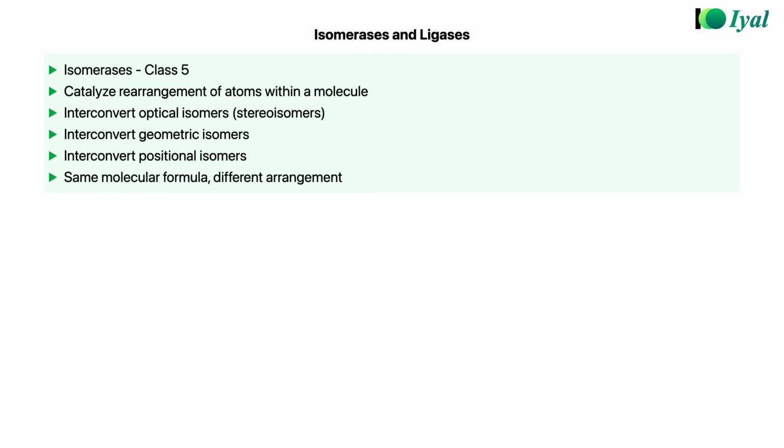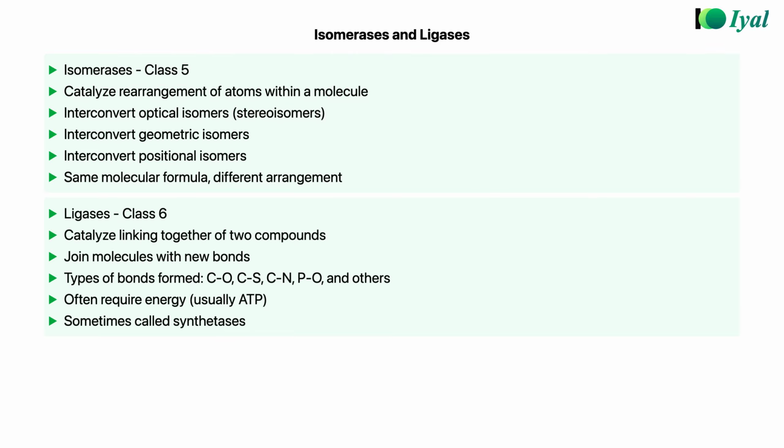Isomerases are the fifth class. They don't break or add bonds between molecules. Instead, they rearrange atoms within a single molecule. They convert different isomers into each other, molecules with the same molecular formula but different arrangements of atoms. Finally, ligases are the sixth class. They do the opposite of hydrolases.